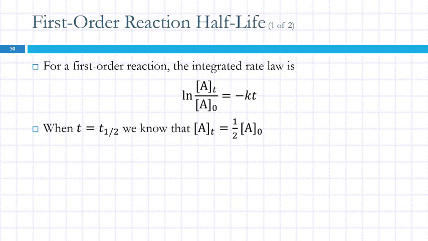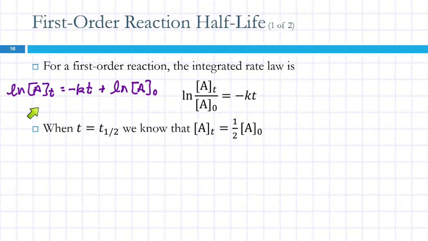So here's the integrated rate law for a first order reaction, and this is the same as the one we were looking at. It's just been rearranged to make it a little easier, but it is the same thing. So they took this and rearranged it.